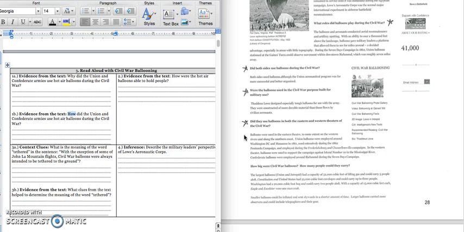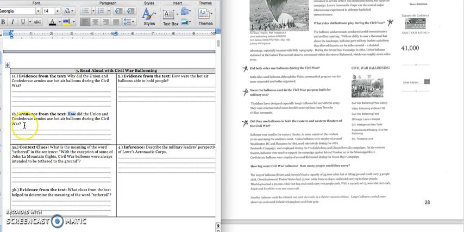Union balloons were employed around D.C. and Manassas in 1861. Used extensively during 1862 Pennsylvania campaign and employed during the Fredericksburg and Chancellorsville campaigns. In the Western Theater, balloons were used to support the campaign against Island No. 10 in the Mississippi River. Confederate balloons were employed around Richmond during the 7 Days campaign.